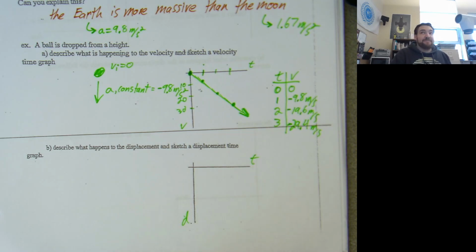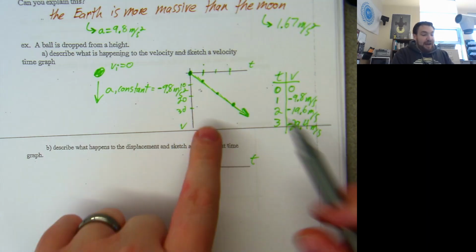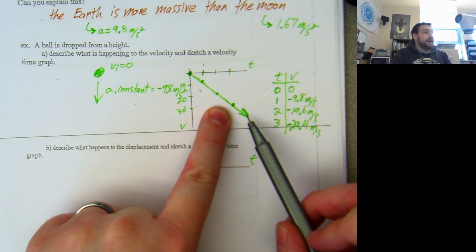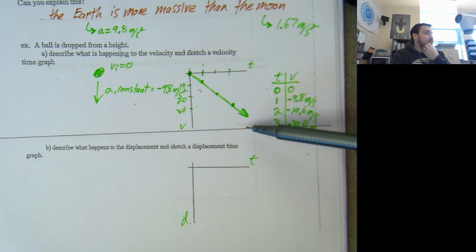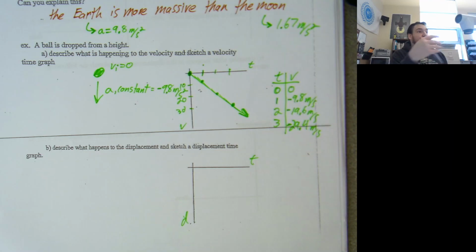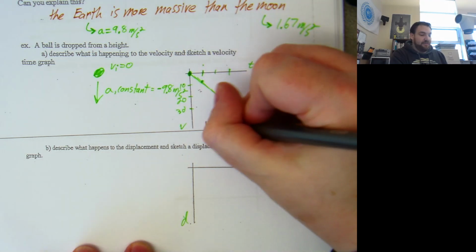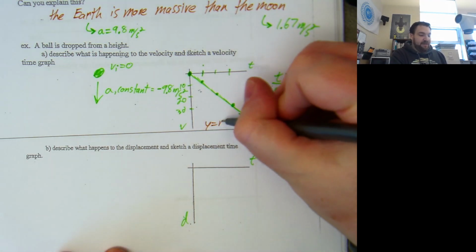I want to tie this back to something you've already seen before. A graph that looks like this is a straight line, right? So what kind of equation should a straight line have? What is the general equation for a straight line? Y equals mx plus b.